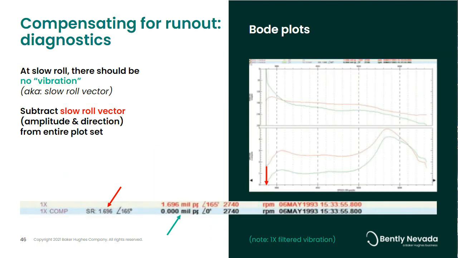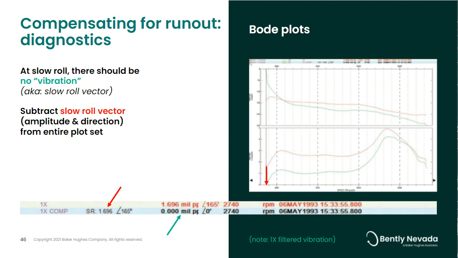Again, using that same data set, here we show that same information as a Bode plot instead of a polar plot. Once again, you can see that at the origin, at the start, the slow roll speed of around 2,700 RPM, we can take that and bring it down to 0.